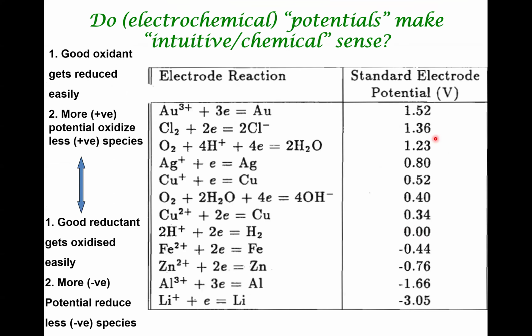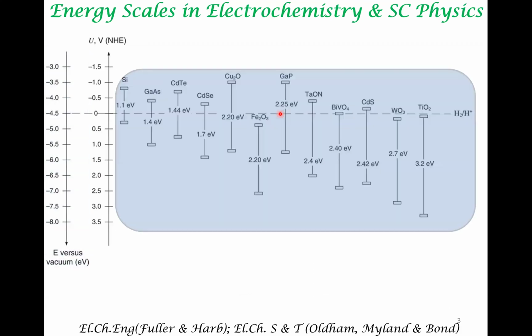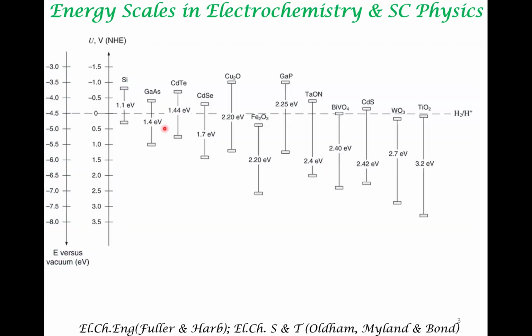Whenever we are showing a standard reduction potential, we are thinking about some reduction process, that is, a particular species is reduced by an electron. That's what we are talking about. The same ideas, similar ideas, are applicable here too. Supposing we are talking about a reduction where the electron is added to the conduction band of silicon, or the conduction band of arsenic in gallium arsenide, or tellurium in cadmium telluride.